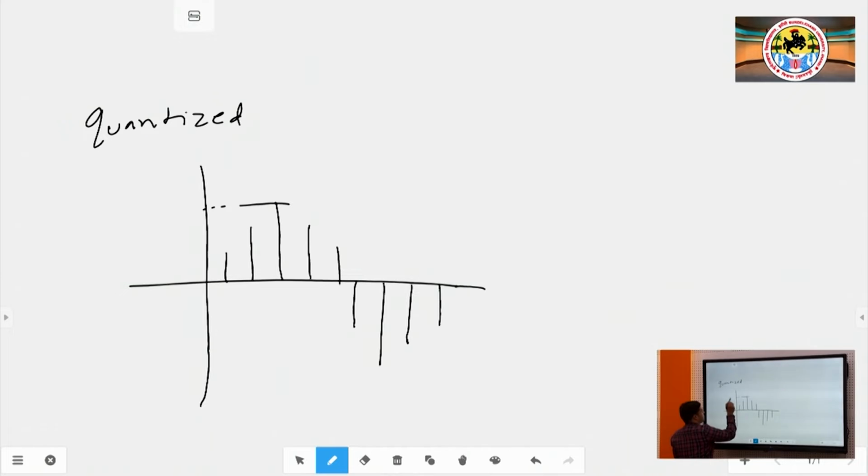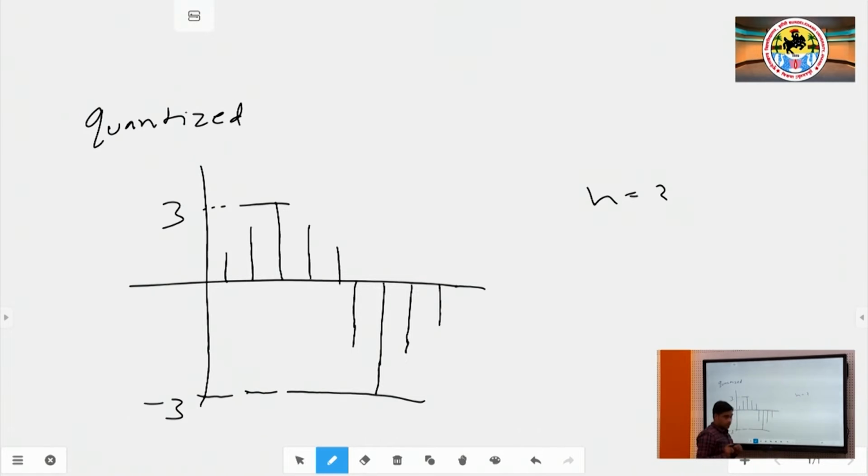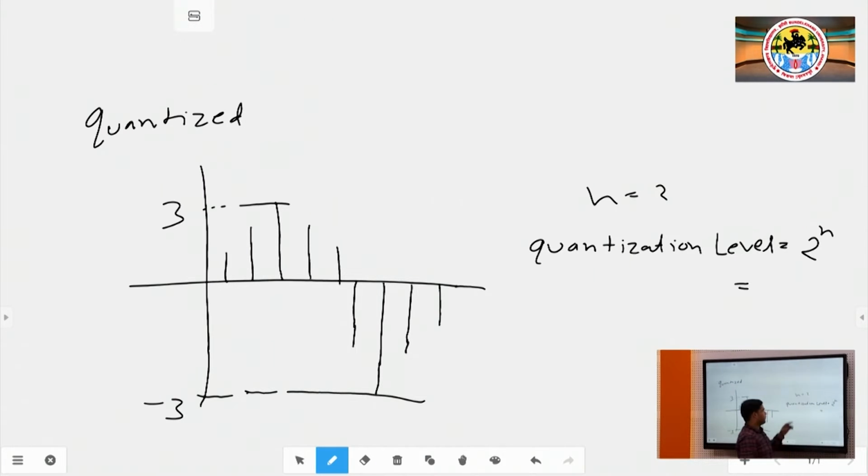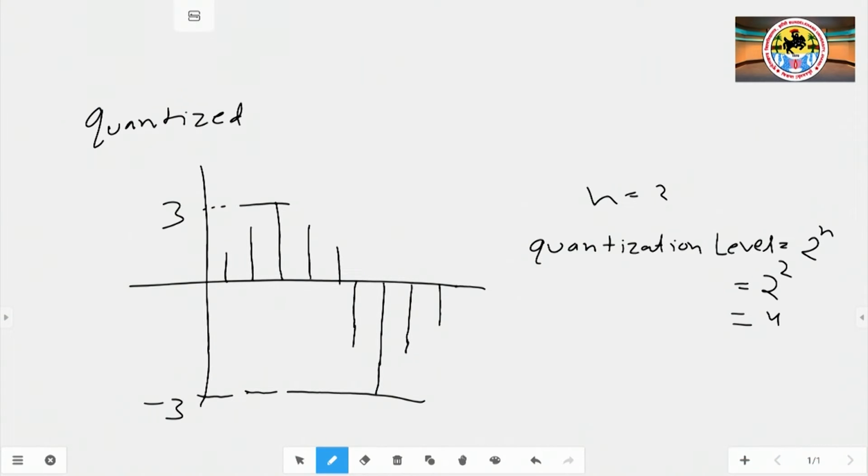If we convert to n equal to 2 bits, then the quantization level is 2 power n. 2 power 2 is equal to 4, so the quantization level is 4 for this signal.